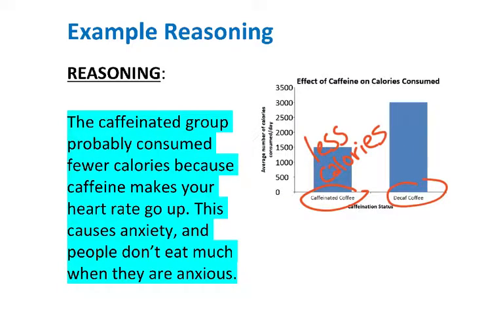That's my evidence. Now I need to explain why the caffeinated group may have eaten less calories than the decaf group. So here I've got my reasoning. The caffeinated group probably consumed fewer calories because caffeine makes your heart rate go up. Maybe I learned in science class that caffeine makes your heart rate go up, and this causes anxiety. And I also know from some background research that I did that people don't eat much when they are anxious. So this would be an example of some reasoning.